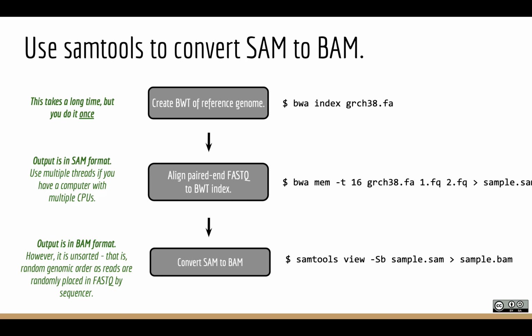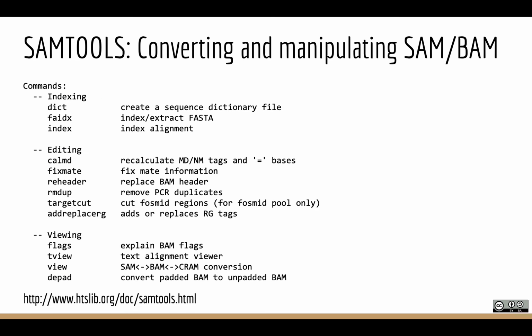Okay, so part of the homework is actually going to be to use some of these tools. So I'm not going to go into too much detail, but this view command is mainly used to show the contents of a SAM, BAM, or CRAM file, but also to convert between formats if you need to. So Samtools has a bunch of different options.